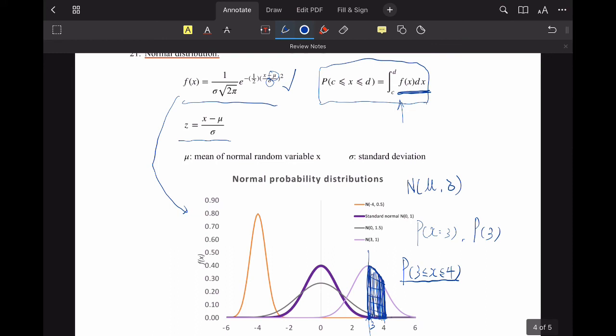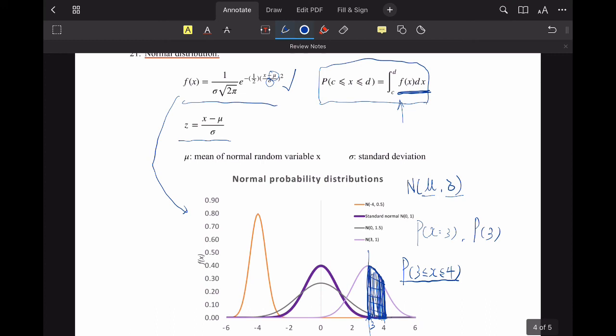Okay, one last point about normal distribution. You can already see in this graph, right? We have different mean, different standard deviation, we're gonna get different shapes of curves.